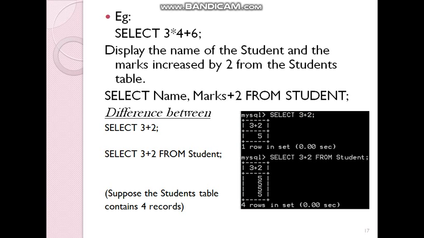But when we apply select 3 plus 2 from student, it will show that 5 four times, because there are 4 records. For each record it will apply 3 plus 2 and output that value. That is why it shows it 4 times.